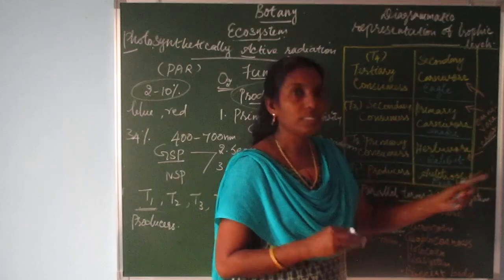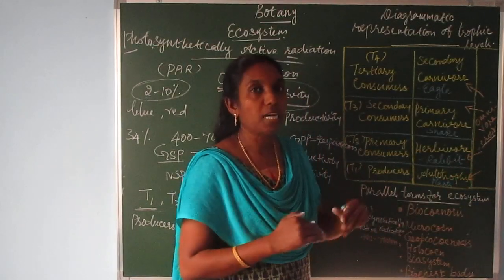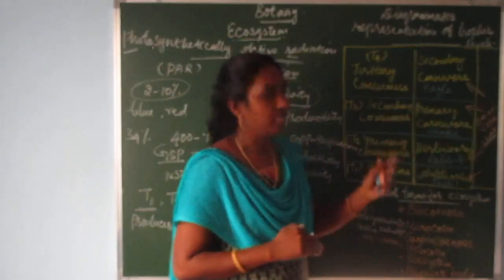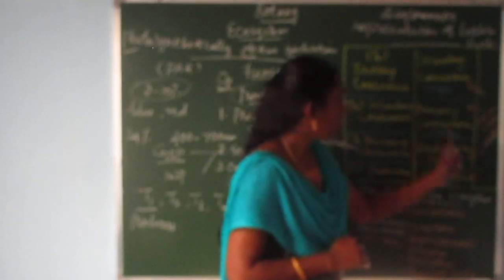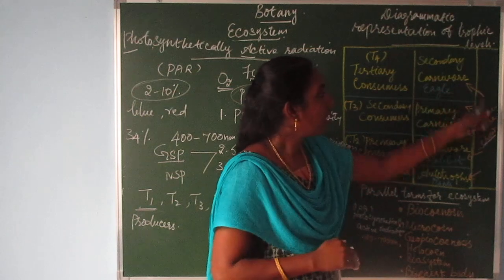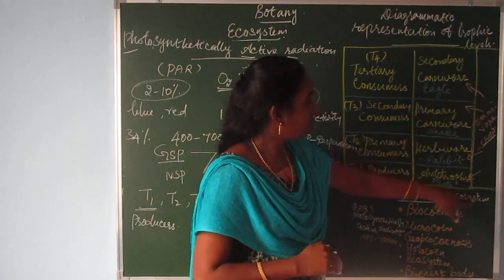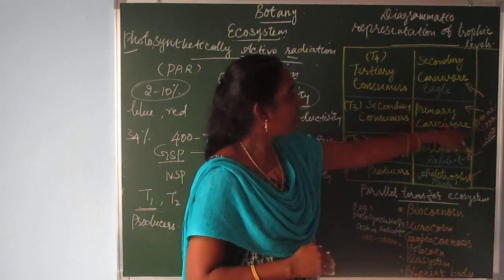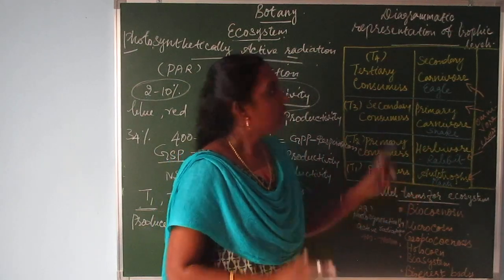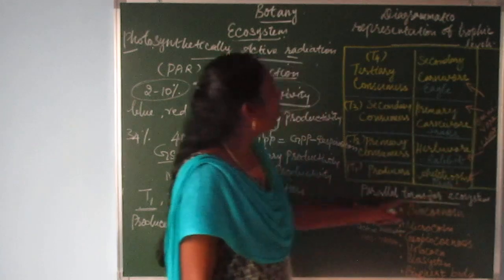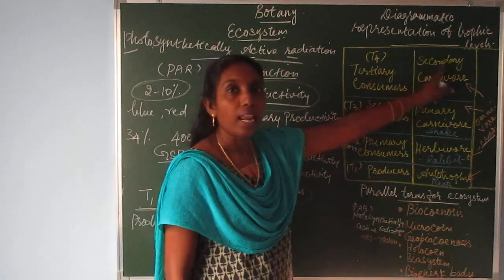But omnivores eat both plants as well as animals. So this crow eats plants as well as the rabbit or snake, everything. It eats the plants as well as the animals, so it is called an omnivore. So this is the example of trophic levels.